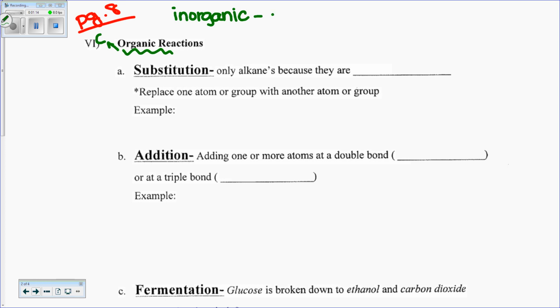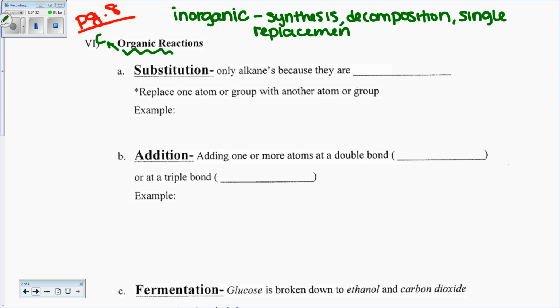So remember, I had my synthesis, I had my decomposition, I had my single replacement, and I had my double replacement. So those were the previous reactions. We also learned combustion, but combustion is actually an organic reaction, so we'll go back over that as well.